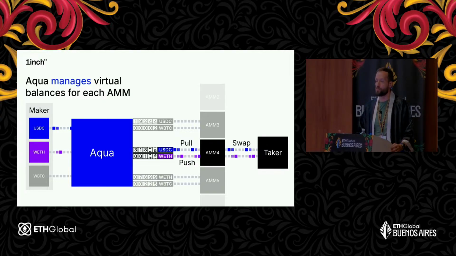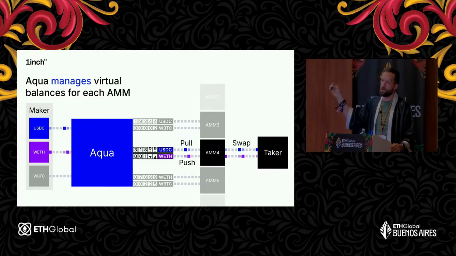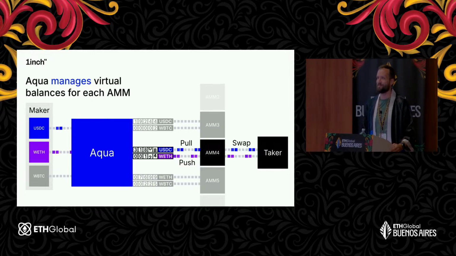And for sure, there is a direct incentive for every solver and every DEX aggregator to integrate every position, because the more positions they have, the better prices they could offer to takers. They are very incentivized, and we have to do nothing with this on the Aqua layer. Thank you.